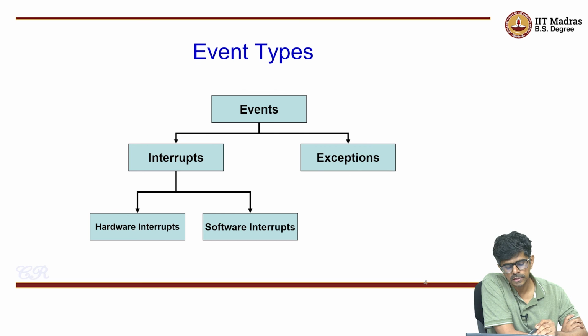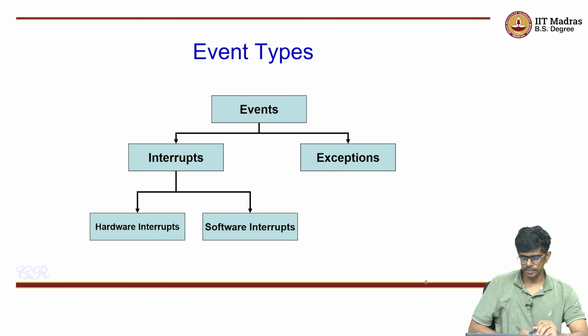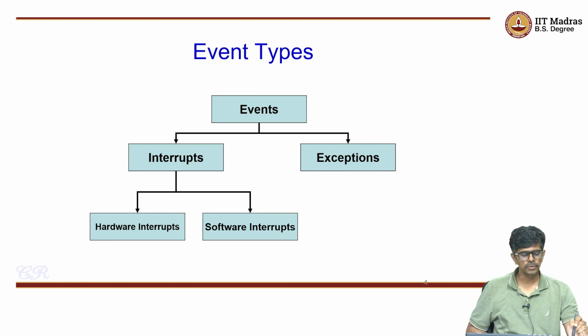Exceptions, on the other hand, are a violation or some problem that occurred while the program is executing. Divide by zero is an example of an exception, and an illegal instruction is another exception that can occur. So, when any of these, whether a hardware interrupt, software interrupt, or an exception occurs, it forces the operating system to execute and service the corresponding event.